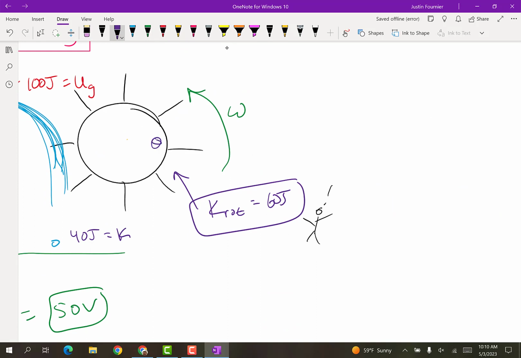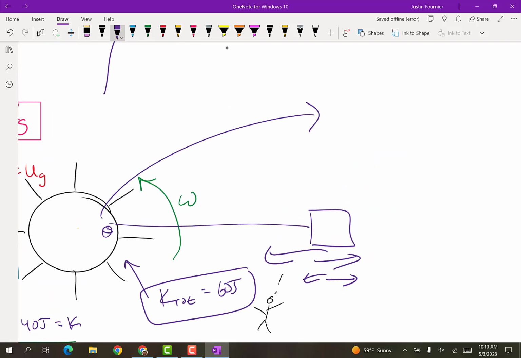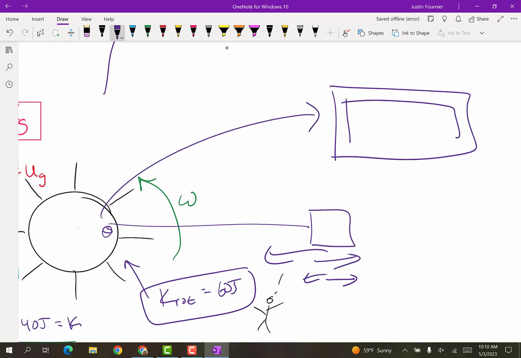You could put a little lever here or whatever, and that's useful work. Or I could attach it to my TV. Let's say it's perfectly ideal and I get exactly 60 joules out. Not going to happen, but whatever. And I get that 60 joules for my TV there.